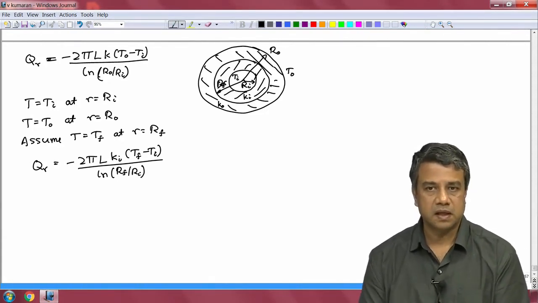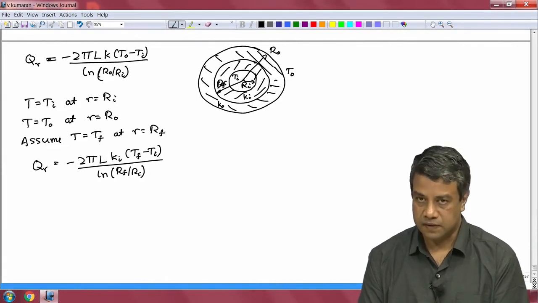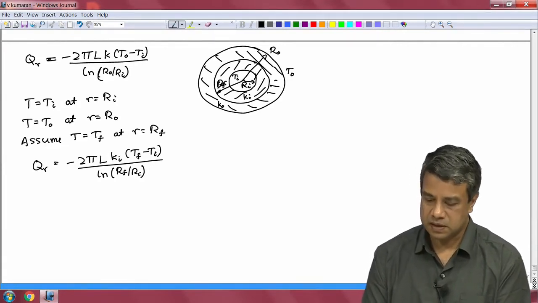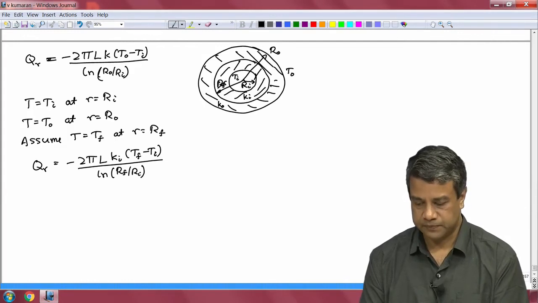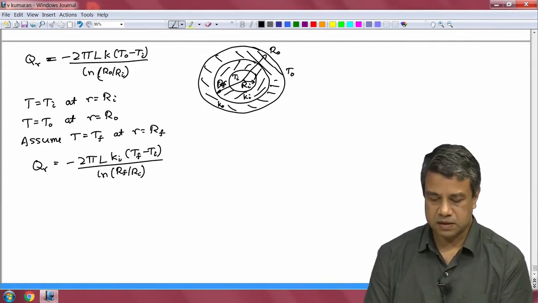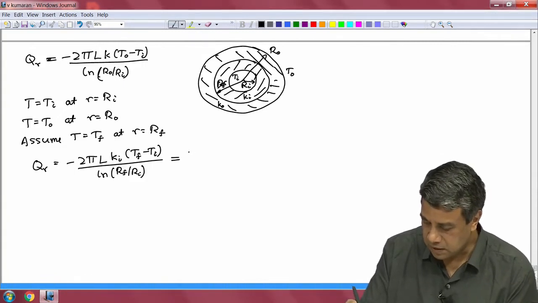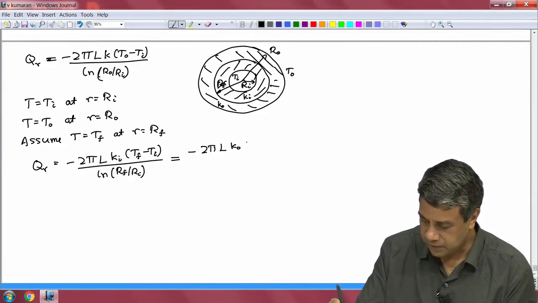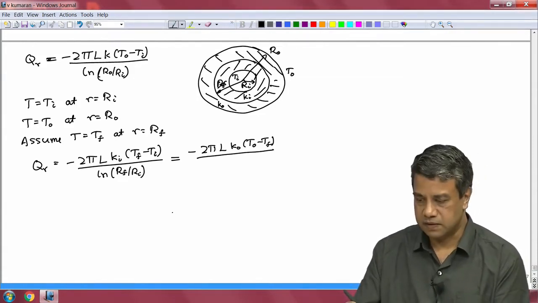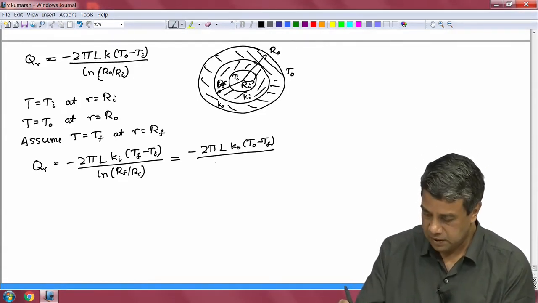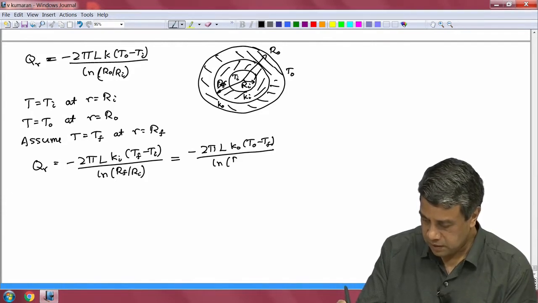This is the energy transfer rate. The flux is not independent of r, but the energy transfer rate is independent of r. Therefore, for the inner material, this is the energy transfer rate, and for the outer material, the energy transfer rate is 2 pi L Ko into To minus Tf, the temperature difference between the outer surface and the surface at Rf, by ln of Ro by Rf.